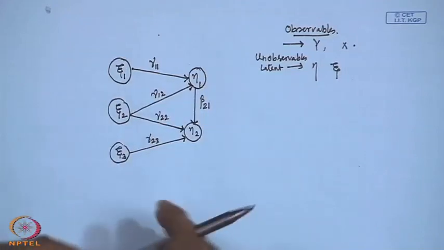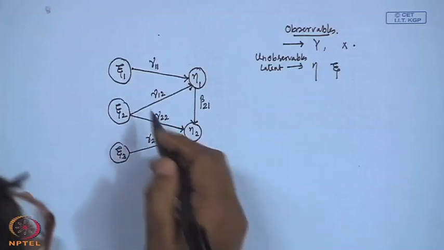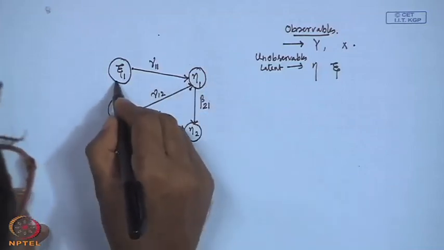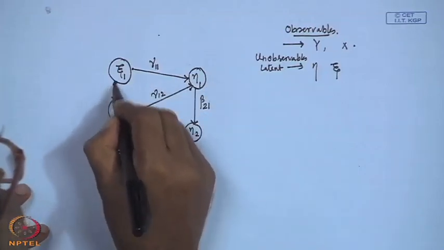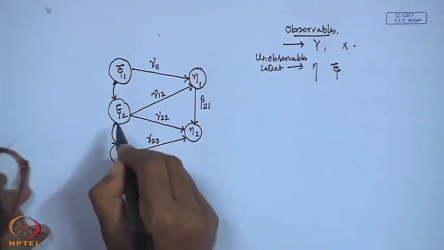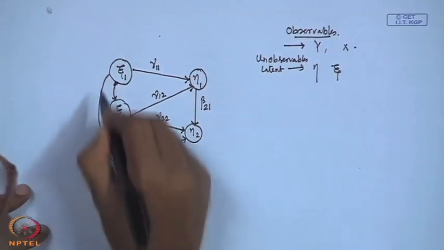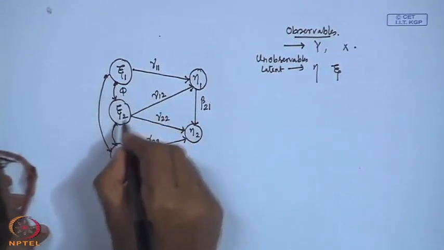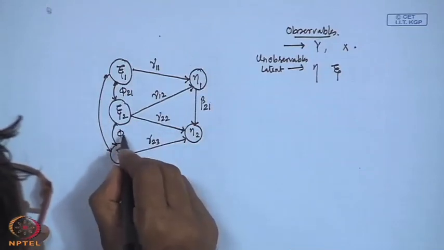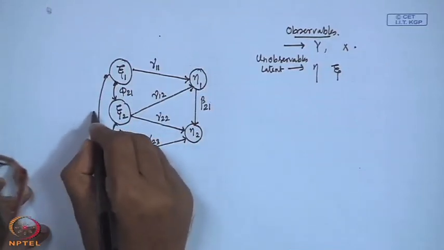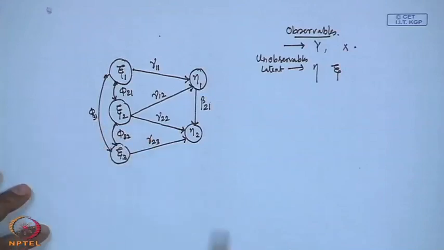Okay. We will see this, but before that, some more things: these are covarying. Let me write, this is phi 2 1, this is phi 3 2, this is phi 3 1. The structure is there. Okay.